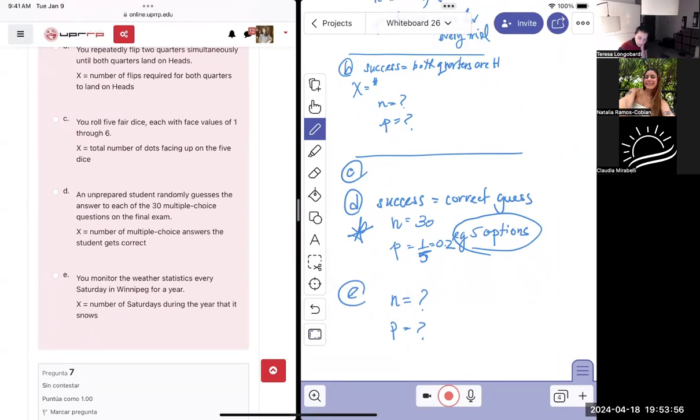If we look at all Saturdays in a year, we could get this number. It's not in the problem, but we could get it, right? How many Saturdays are there in a year? But then P has to be known and the same on every trial.